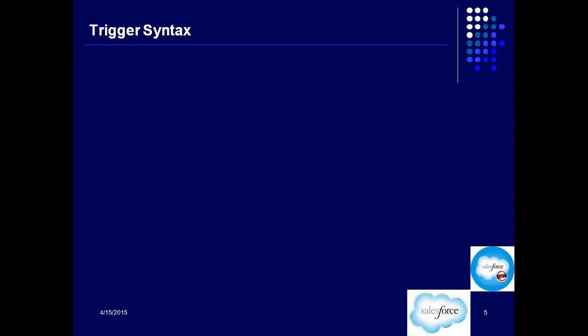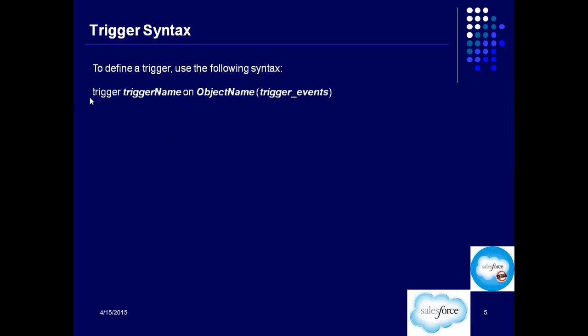So now let's quickly look into the syntax of the trigger. To define a trigger, use the following syntax. The syntax is: trigger, which is a keyword you have to write; then the trigger name, you'll have to give a name to the trigger; then on, again a keyword; then the object name. The object name can be anything, it can be account, it can be opportunity. If you want your trigger to be executed on account records, then it should be account here.